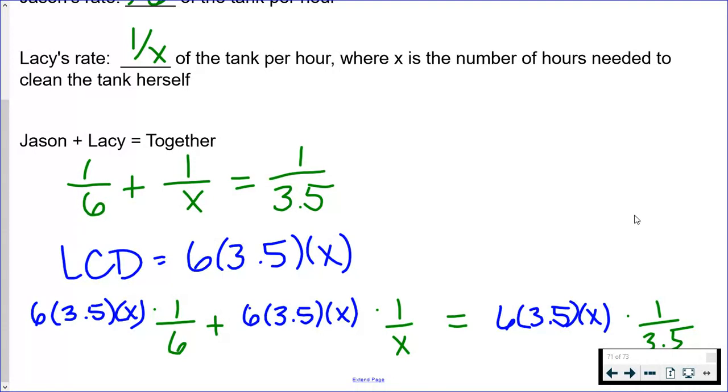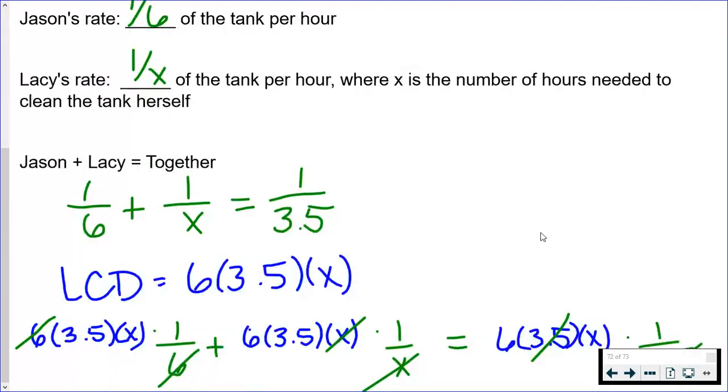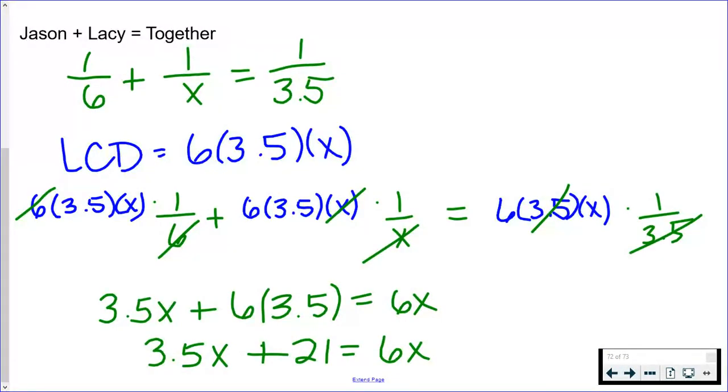In the first term, the 6's. In the second term, the x's. In the third term, the 3.5's. So you're just left with 3.5 times x in the first term, 6 times 3.5 in the second term, and then 6 times x in the third term.